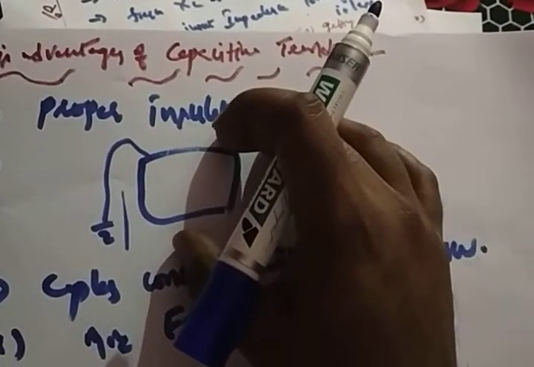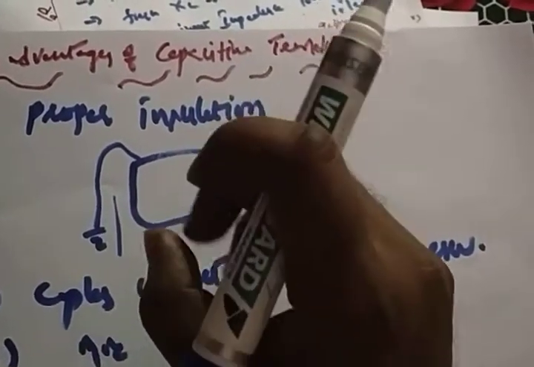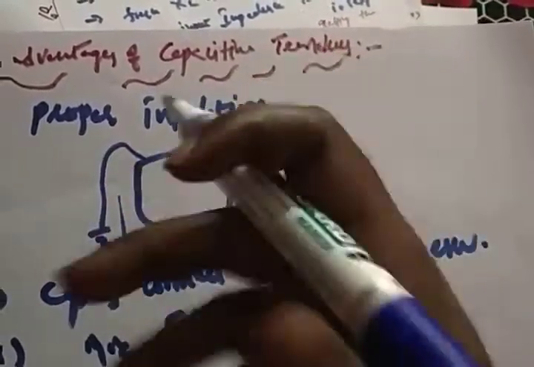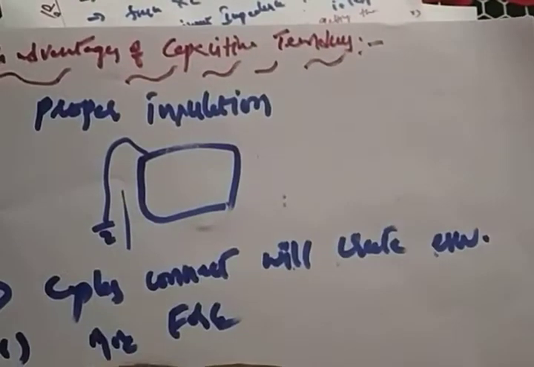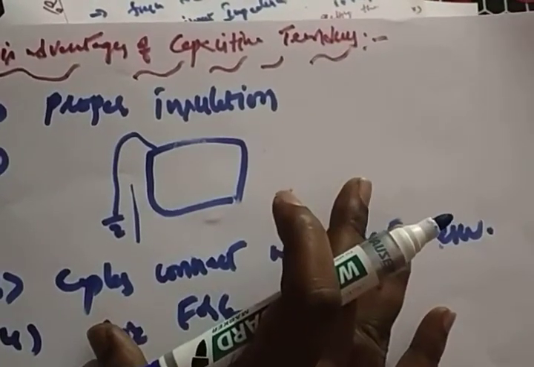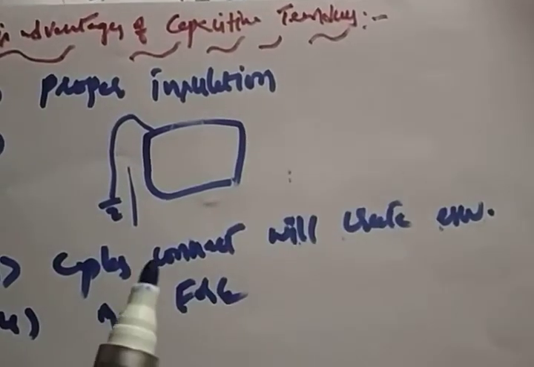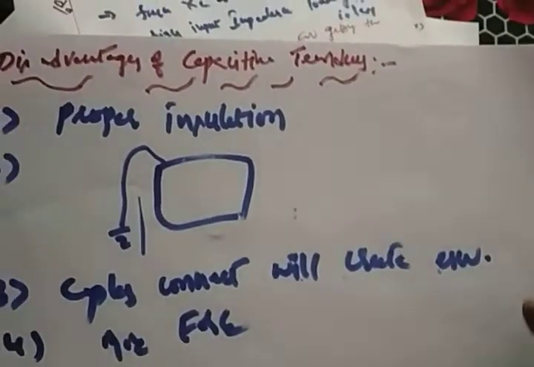We should maintain proper insulation, and the case should be earthed, otherwise the capacitance will get damaged due to stray magnetic fields developing in the system. The cables connected to the capacitive transducers will make an error, and we require more force.